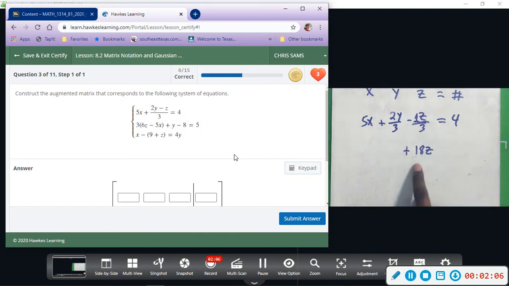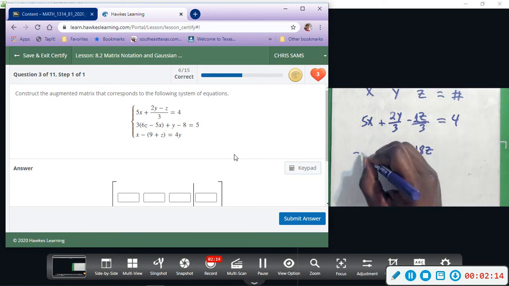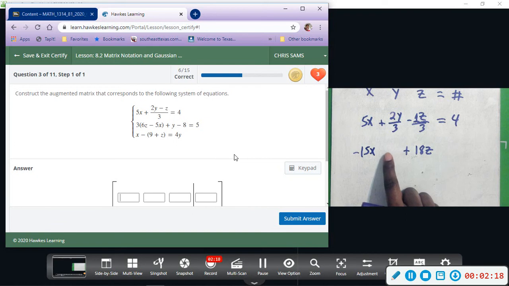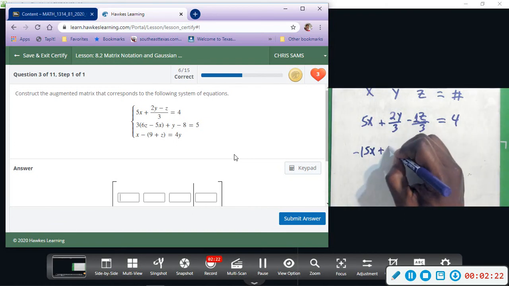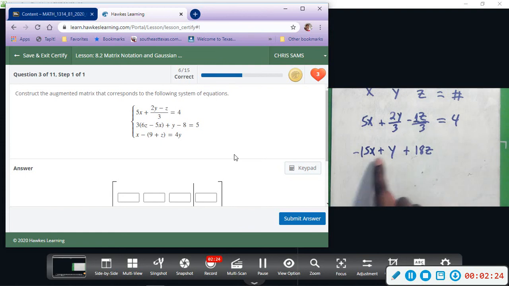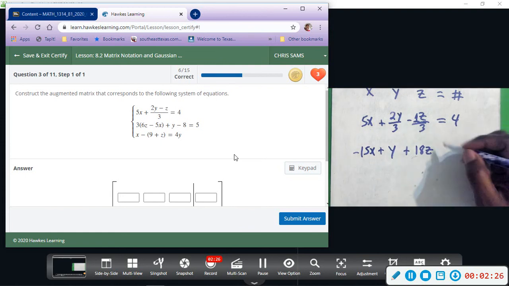They all have to be lined up. And then 3 times the negative 5 will give me a negative 15x, and x is the first term, so negative 15x. And then the plus y is positive, so it's plus y in the middle.